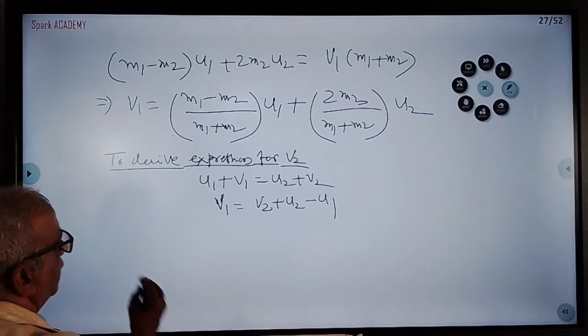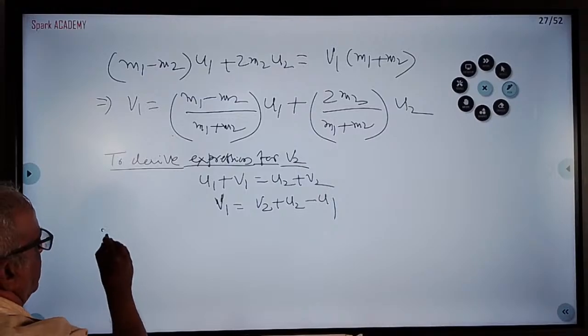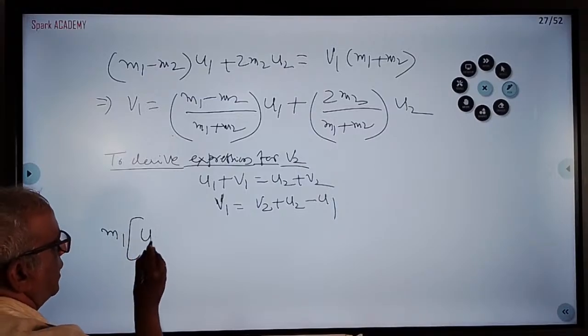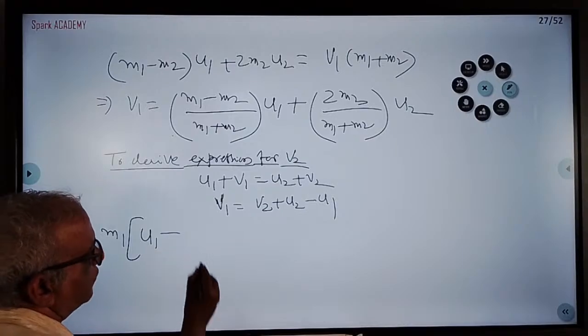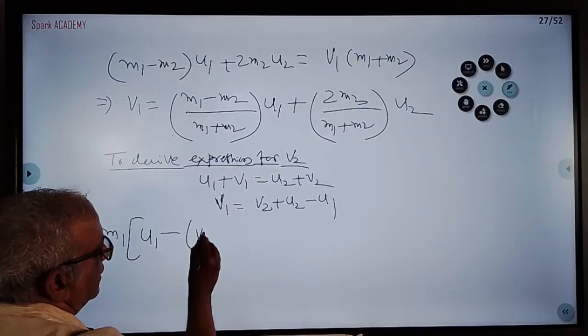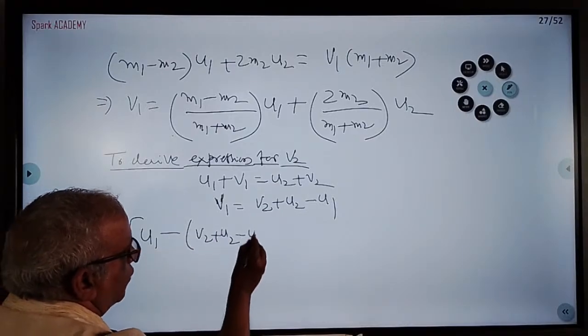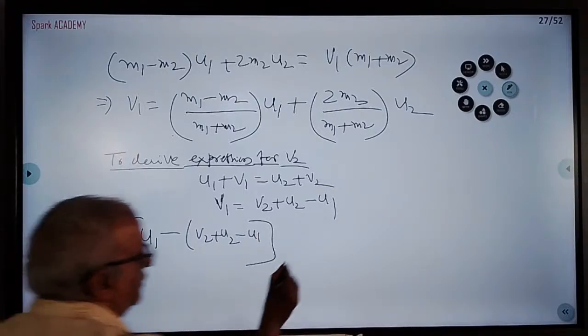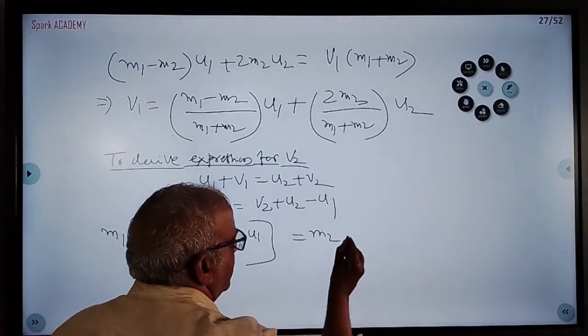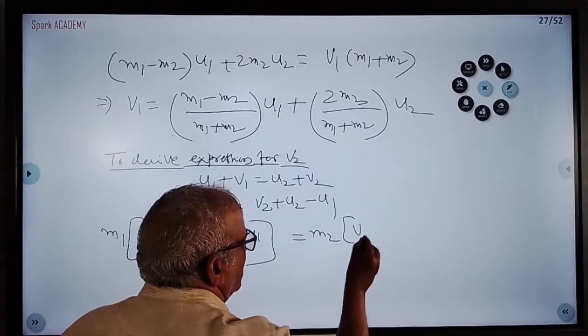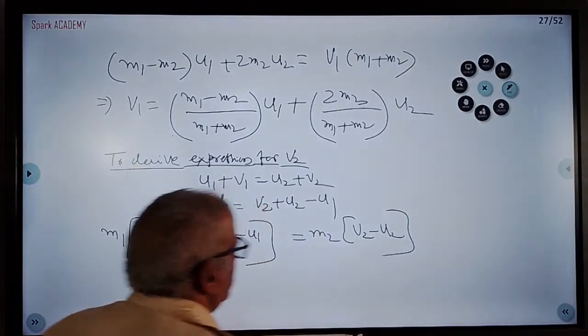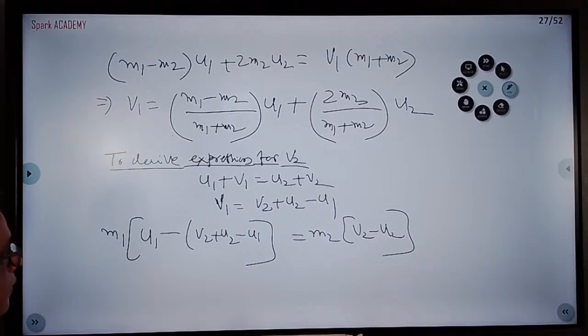Substitute this in the second equation: m1 into (u1 minus v1) is equal to m2 into (v2 minus u2). From this, v2 should be calculated.